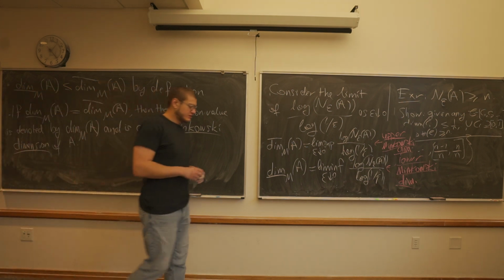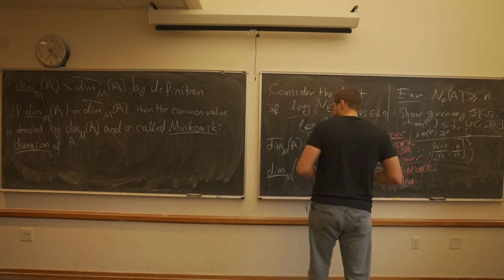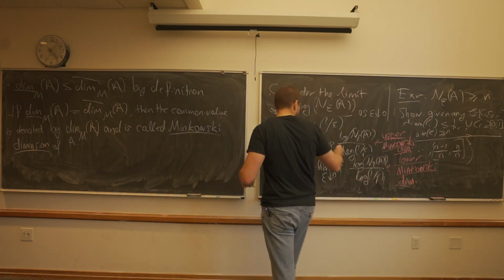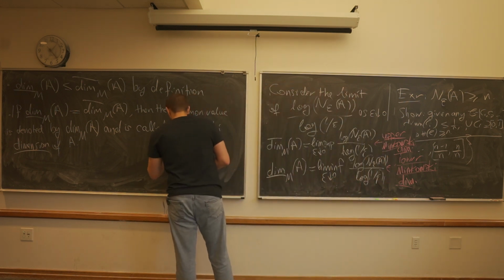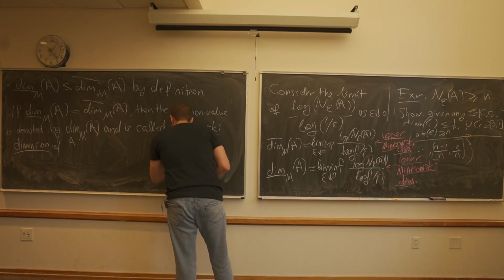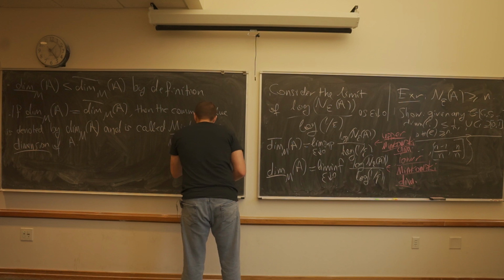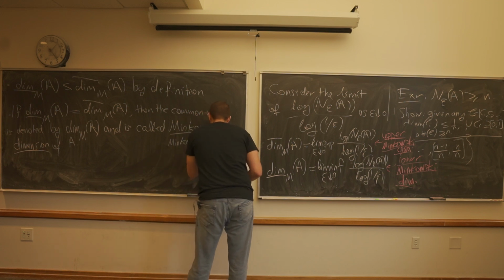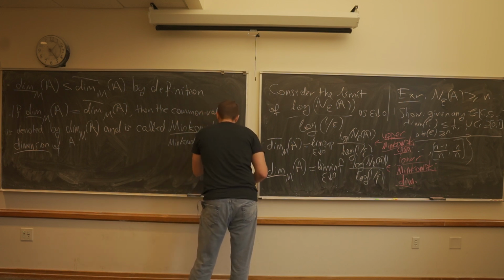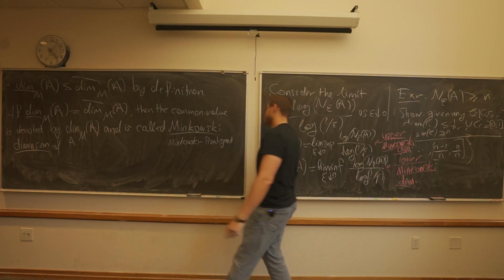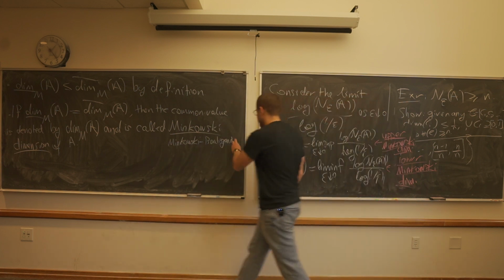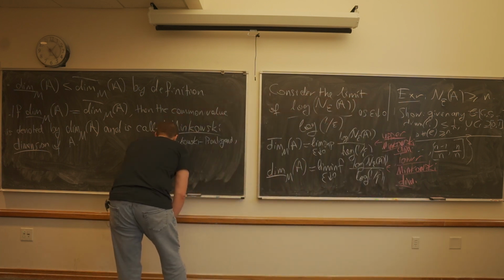Now I should also mention there are a couple different names for this. Upper and lower as well, if you want. So the name is Minkowski-Bouligand, Bouligand, I guess, and then box.